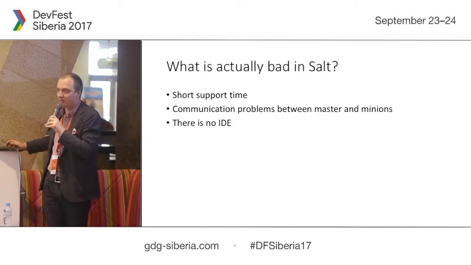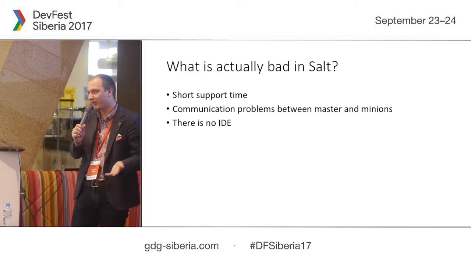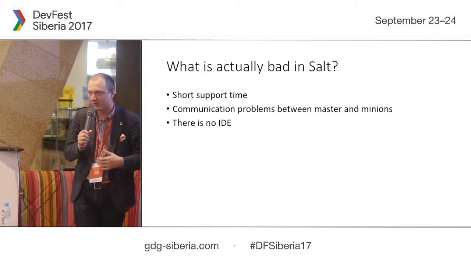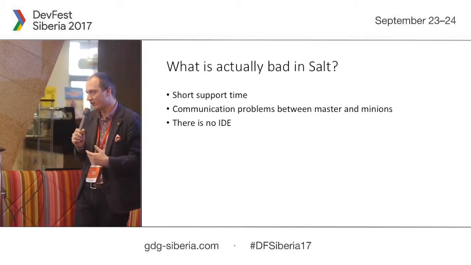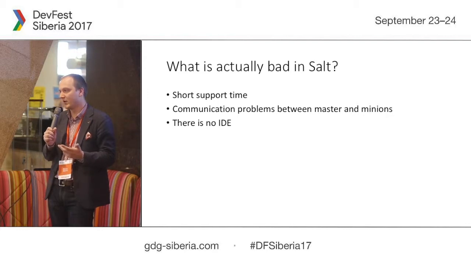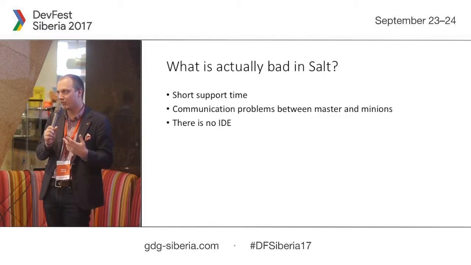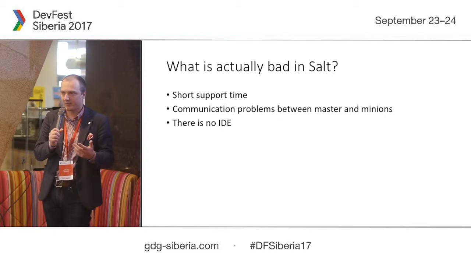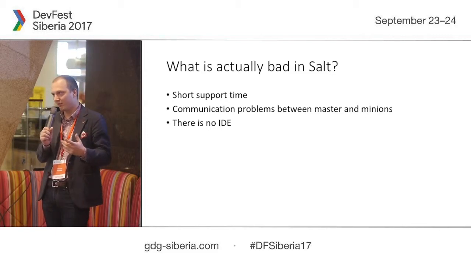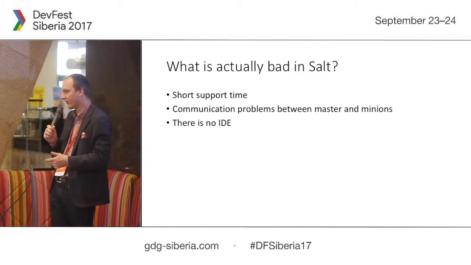The last thing I want to say is what is actually bad in Salt. There are some disadvantages in every system, and for Salt, the main disadvantage, I suppose, is the very short support time for major Linux distributions. For example, this summer, you may have heard that Debian Stretch became stable, and that also meant that Debian Wheezy became old stable, or came into the LTS phase.